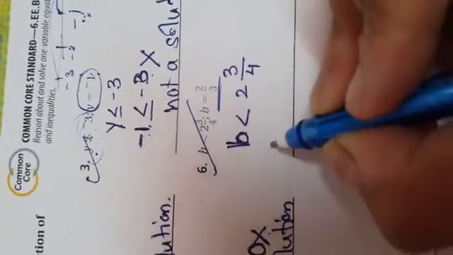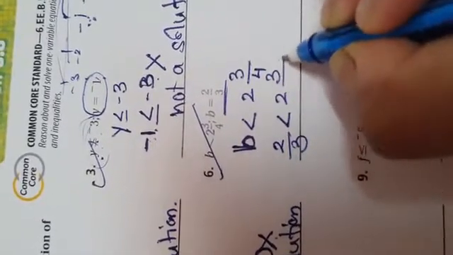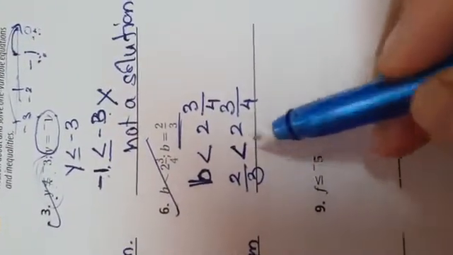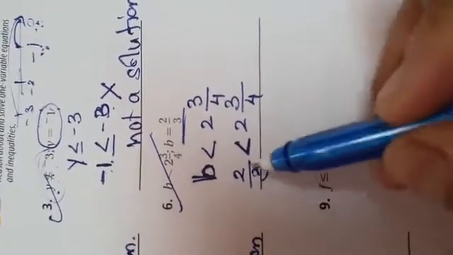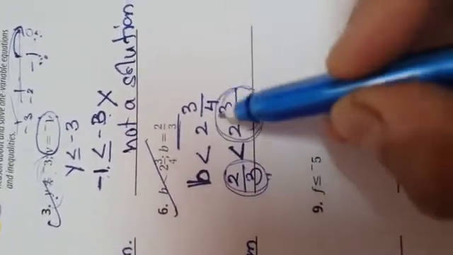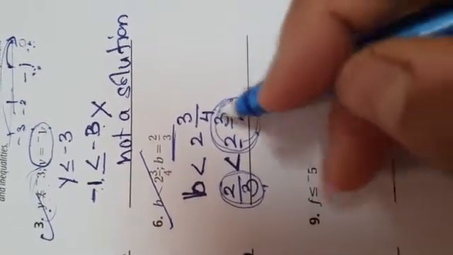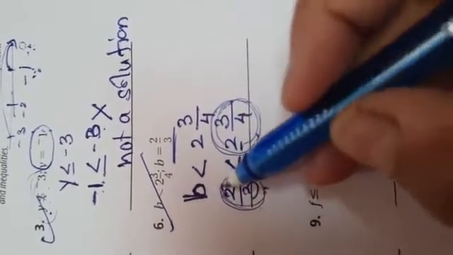The solution is given to be 2 over 3, so is 2 over 3 less than 2 3 over 4? How do we know whether this inequality is correct or not? Look at this. This is only a fraction, but this is a mixed number, which means it has 2 complete and then 3 over 4, but this has only 2 over 3.